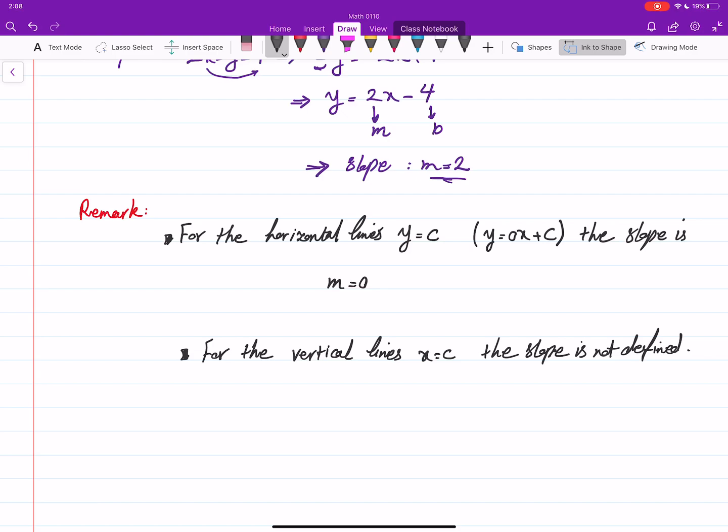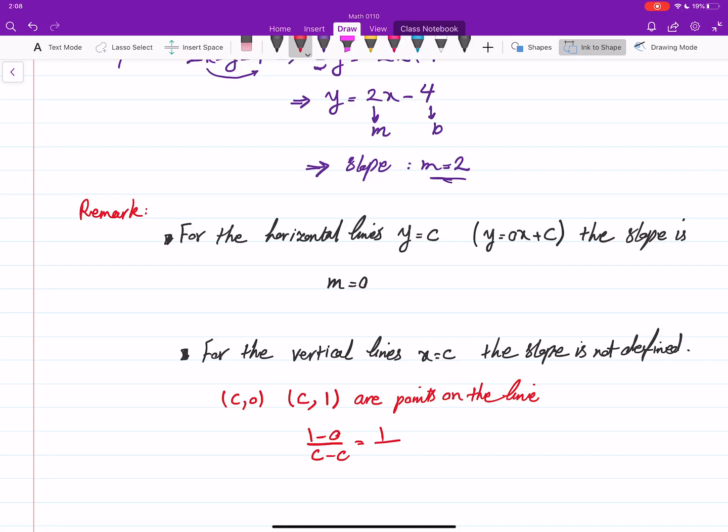Because points on vertical lines have x always equal to c, and y can be any number you like. So we can have points like (c, 0) and others on the line. And then you compute y2 minus y1 over x2 minus x1.